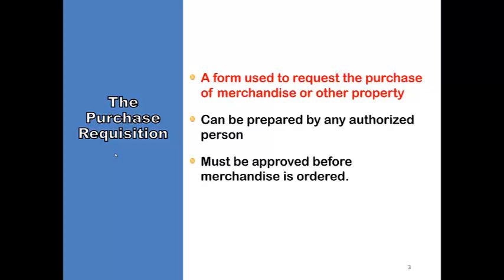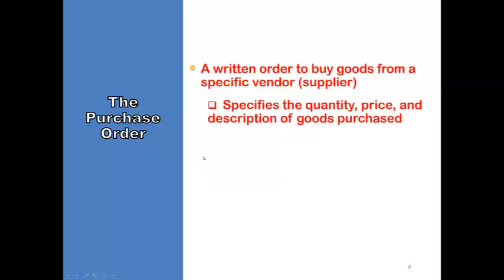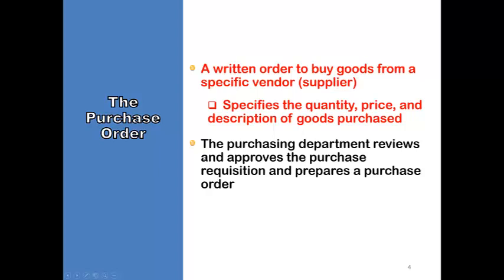The requisition is then sent to their supervisor where it is approved, and then the merchandise is ordered. So the purchase order is completed, and that is just a written order to buy goods from a specific vendor. It includes the quantity of merchandise, the price of the merchandise, and a description of the goods. The purchasing department will review and approve the purchase requisition and then prepare the order.